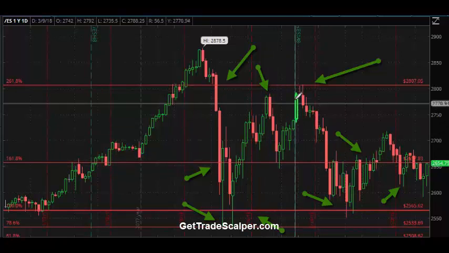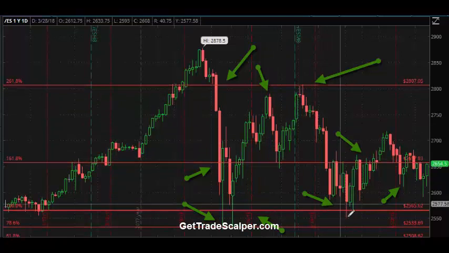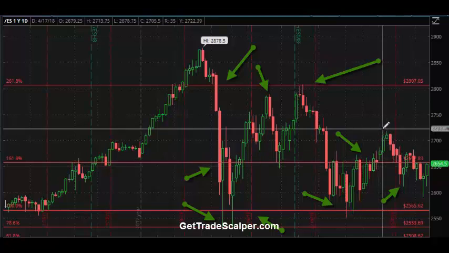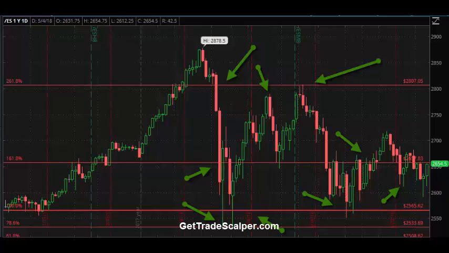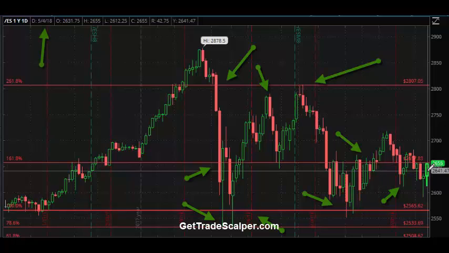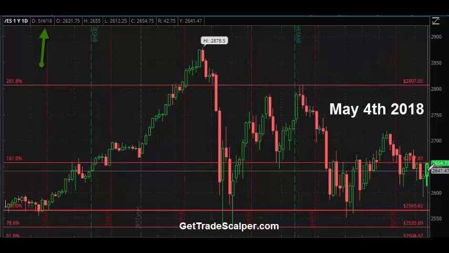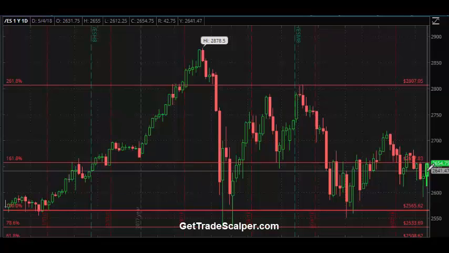Resistance becomes support, resistance, support, resistance, support, support, resistance. Punches through here, then comes back, and eventually here is today's May 4th, 2018, right there. This particular point in time, the day that this recording is being done.